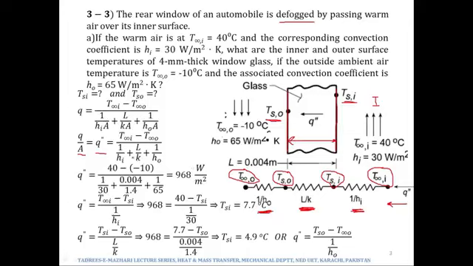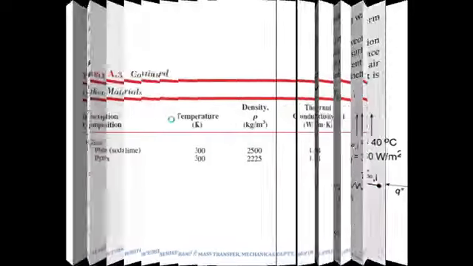Thermal conductivity of the glass is not provided. If we are not provided the thermal conductivity of any material, that is not a problem as long as we know the material itself. Since we know the material is glass, we can always make use of table A at the end of our book. Over there we are given the values of the thermal conductivities of various metals, non-metals, etc. If you refer to that table A, I have brought an image of the same.